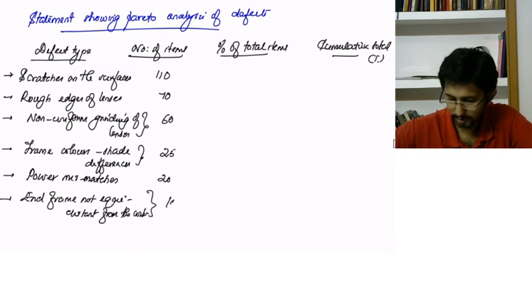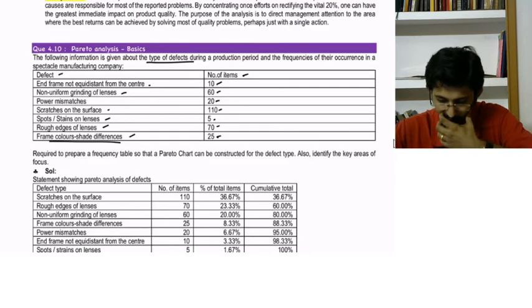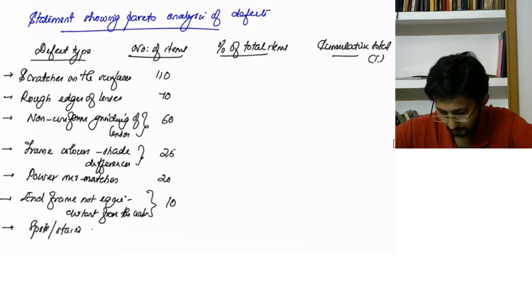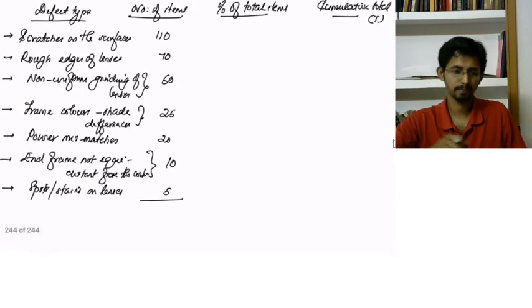How many? 10. Then last one, what is that? Spots or stains on lenses, 5 cases. Spots or stains, 5 cases. What is the total number of cases?